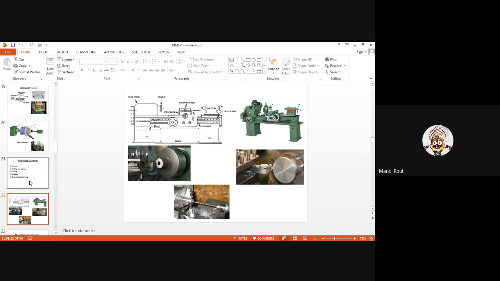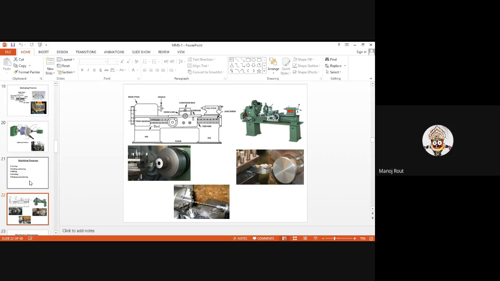The workpiece is attached to the spindle, and the spindle is rotated by a motor. The tool is attached to the compound rest, and according to the desired shape and size, it is moved forward and backward.